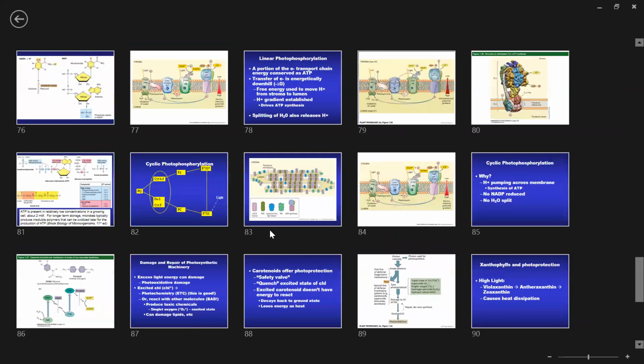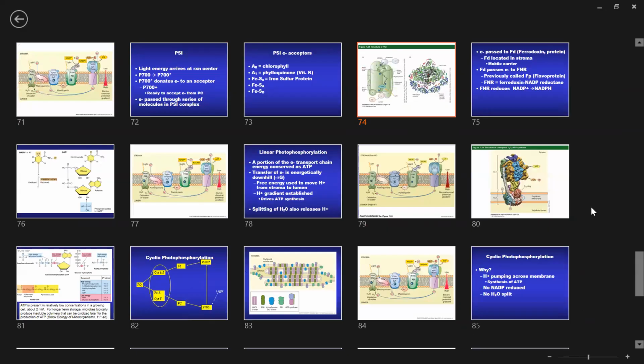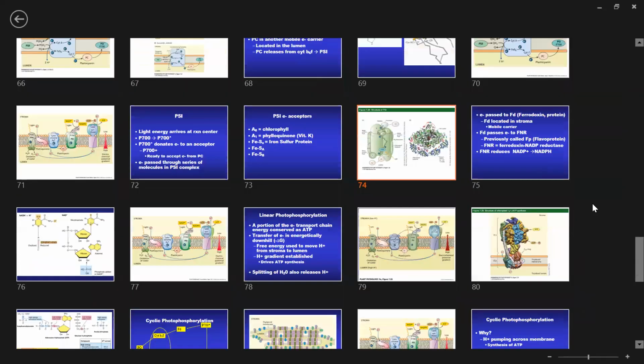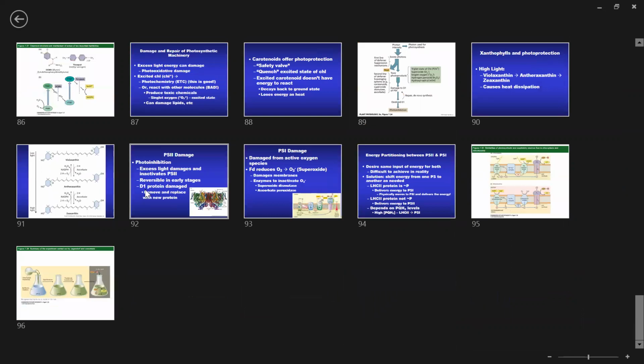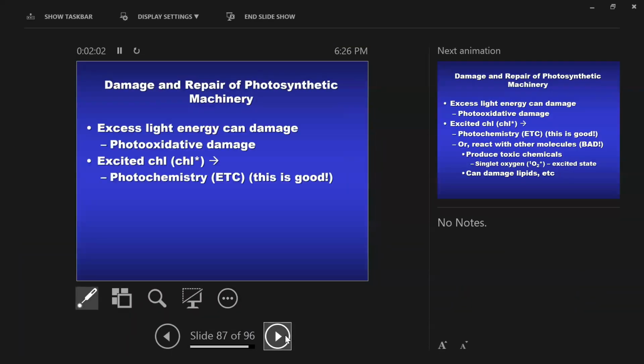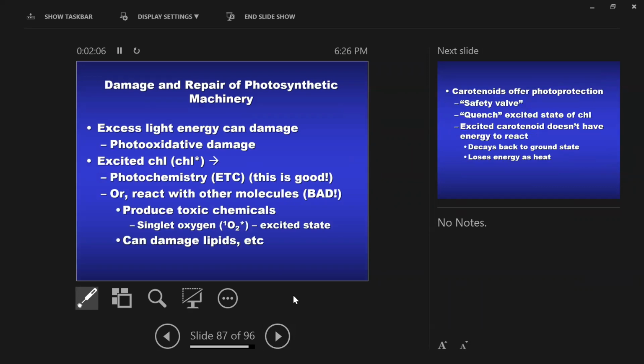Are you talking about the Calvin cycle, or where are you? Oh, the damage going on? Yeah, so trying to get into some of the research they're doing with what happens if there's too much.